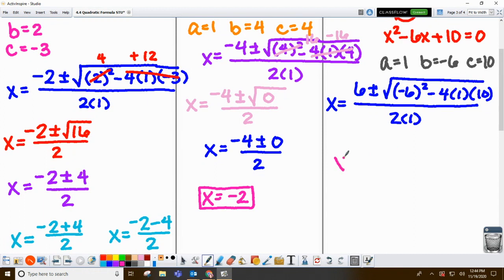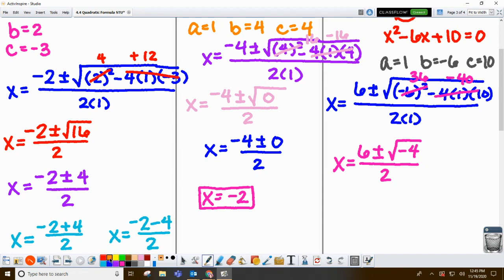Okay, again, working to clean up under the radical first, so we have 6 plus and minus. -6 squared is 36. And -4 times 1 times 10 is -40. So we end up with 36 minus 40, which is -4, all over 2.